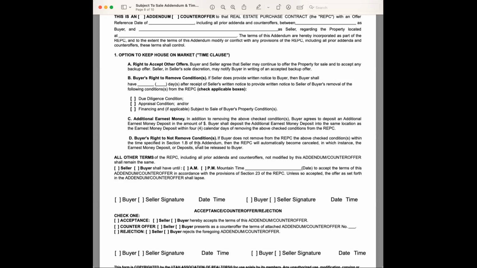I actually have a seller who may be in this, but they can purchase without the sale of their house, but they would have to take out like 401k and all of these different things to do that. So I think we'd do a subject to sell unless we got in problems, but I wouldn't waive the other conditions.